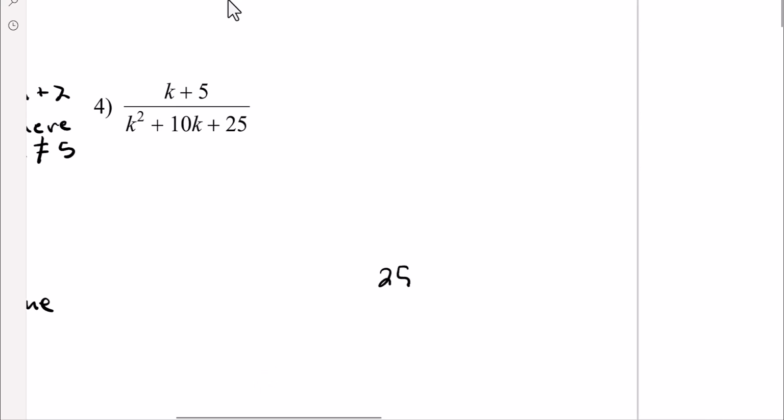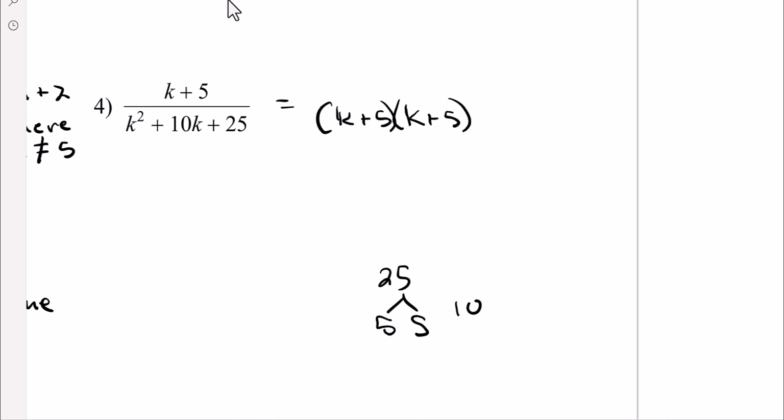okay, factors of 25 that add up to 10. Well, that would be 5 and 5. So k plus 5, k plus 5. So the opposite, oh, so this one's interesting.